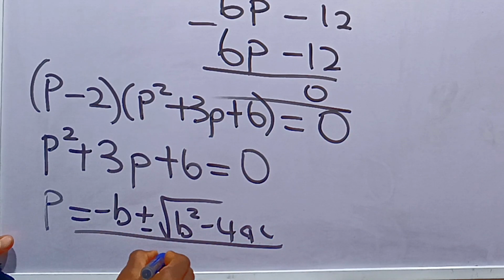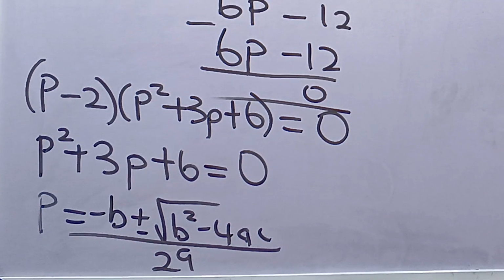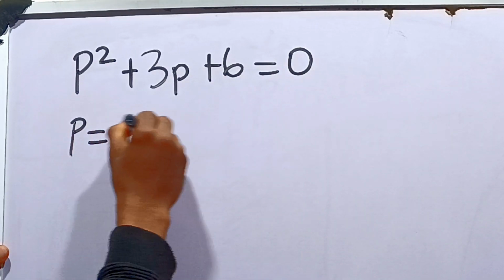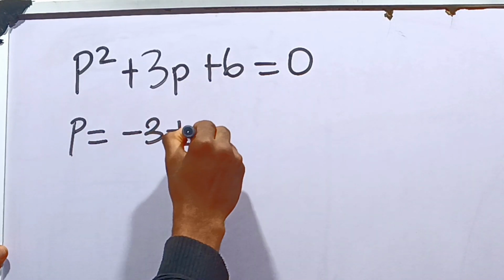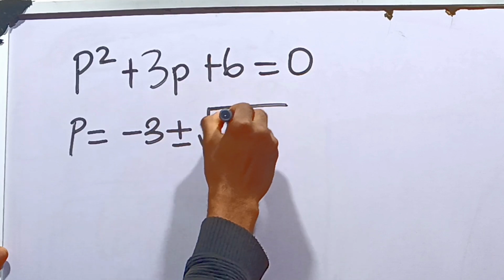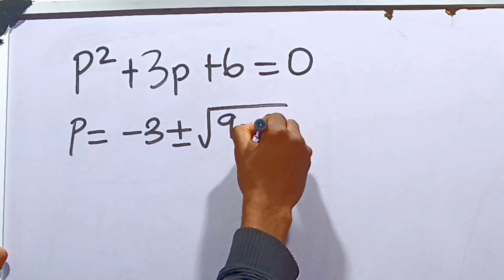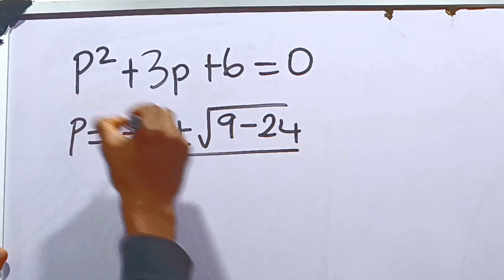All over 2a. Solving this, we now have that p will be equal to minus 3 plus or minus the square root of 3 squared, which is 9, minus 4 times 6 times 1, which is 24, all over 2 times 1, which is 2.